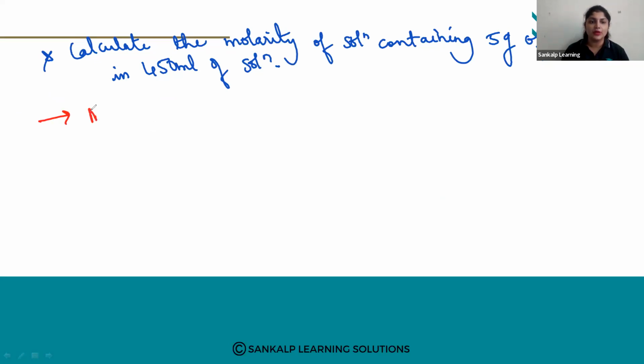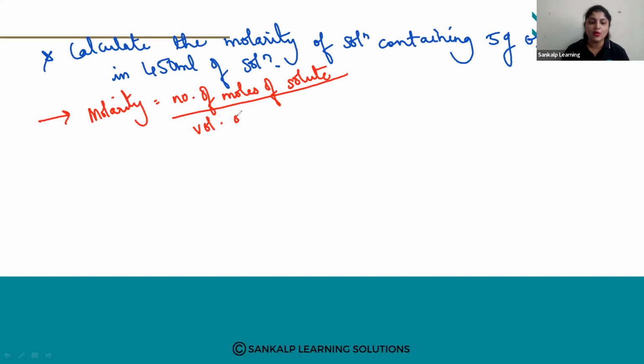Molarity is equal to the number of moles of solute divided by the volume of solution taken in ml, into 1000. So this is what you're going to solve now.